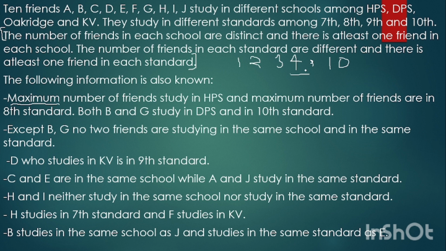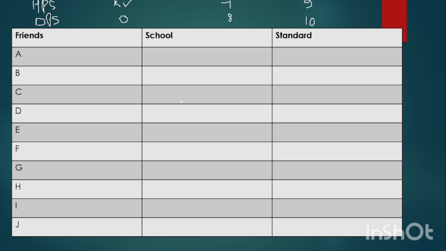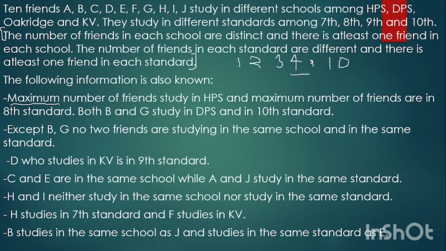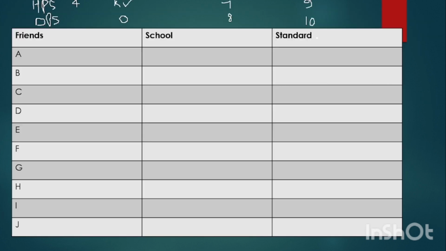Highest can be the same, but maximum can never be the same. Okay, the maximum number of friends study in HPS. So I got to know that HPS has 4 students. Okay, and what else it told, that maximum number of friends are in 8th standard. So for 8th standard, I have 4 students.